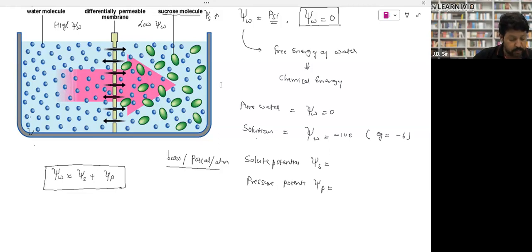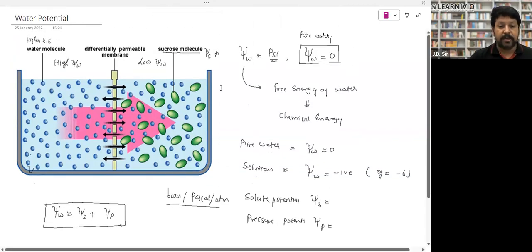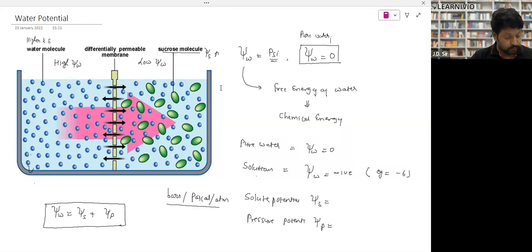In solution, the value of water potential is always negative or less than zero. Full stop. It is represented by a Greek letter, psi. Full stop.